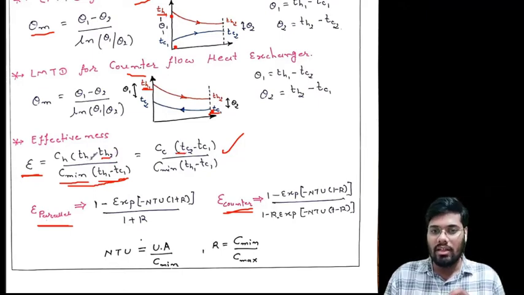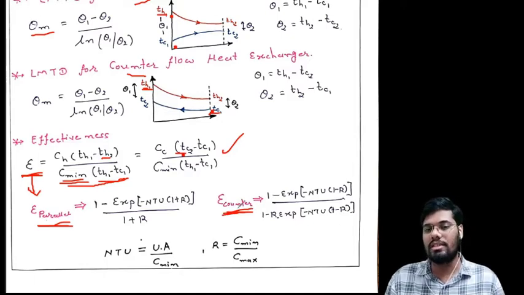So to get the value of TH2 and TC2, we need C minimum, CH, CC and this effectiveness. The value of this effectiveness can be found by using this equation for parallel flow heat exchanger, and for counter flow heat exchanger we are going to use this equation.